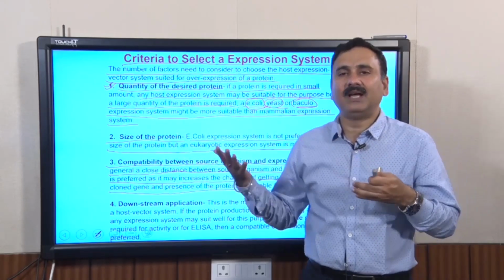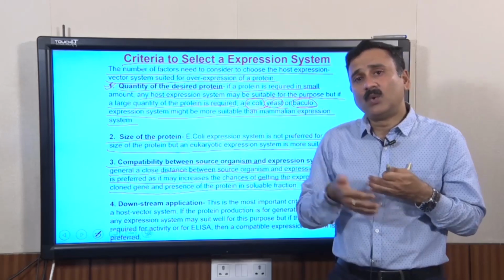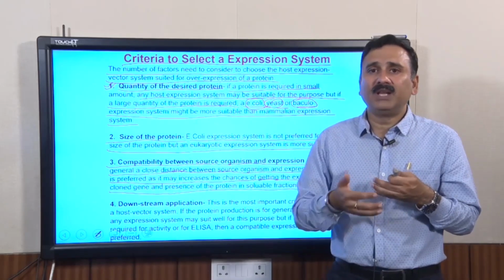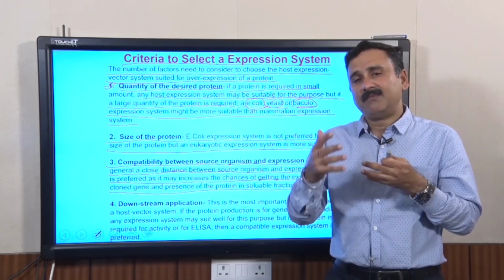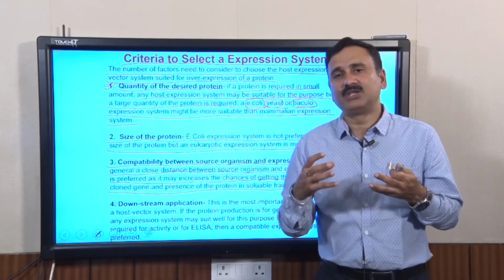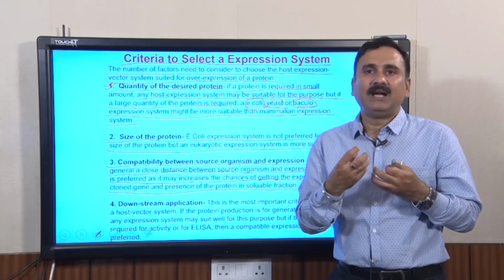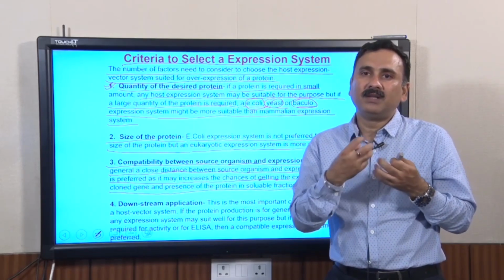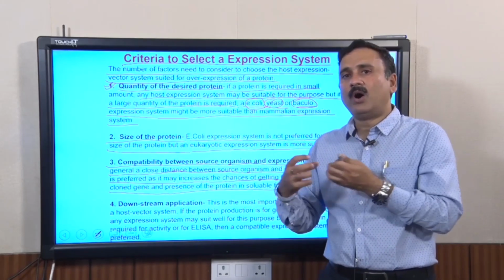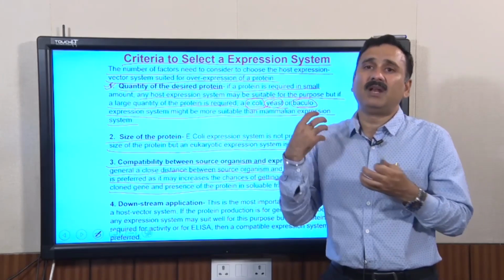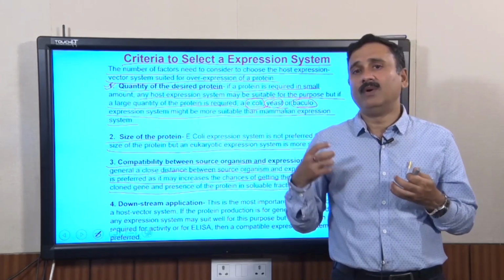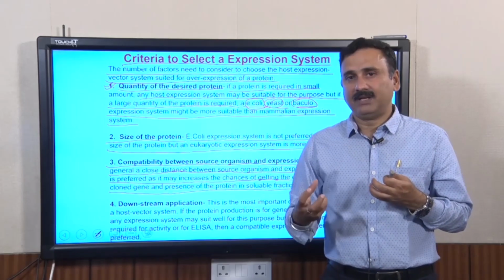There are chances that these proteins either may not overexpress, or if they do, the folding machinery may not exist in E. coli. So E. coli may either not give you the protein, or if it does, it may not be properly folded to give you any kind of activity.